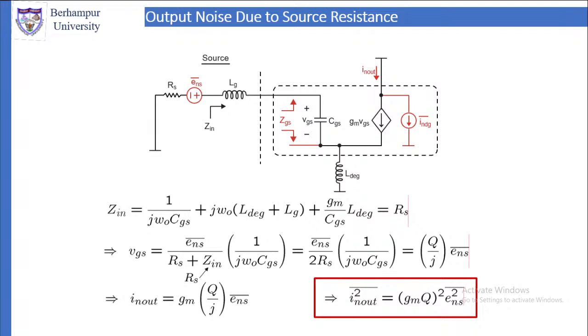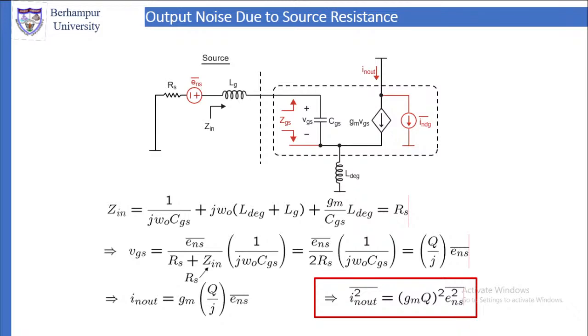Now the output noise current, I output, is VGS into gm. So VGS is equal to Q by j mean of ENS, and putting that, I output is equal to gm Q by j mean of ENS.